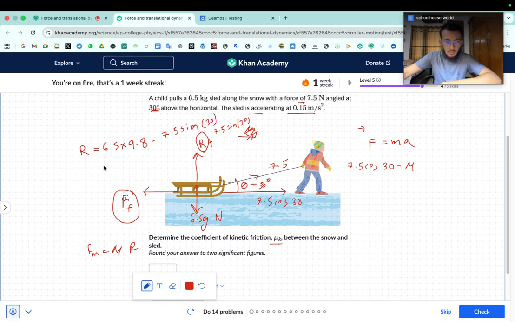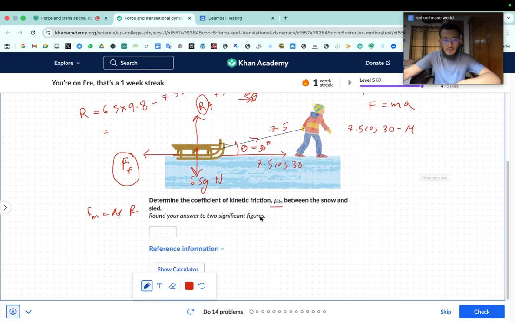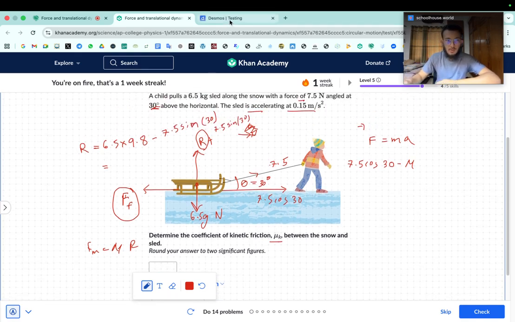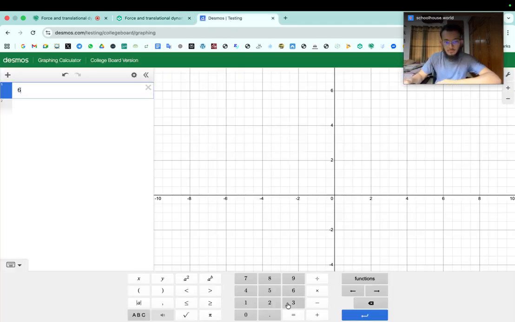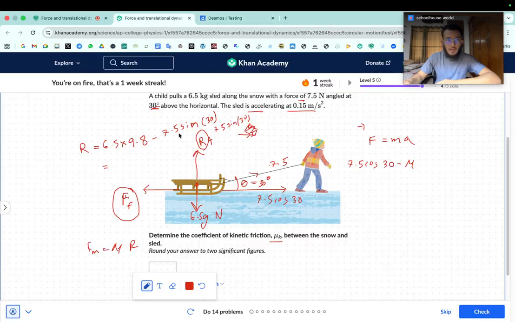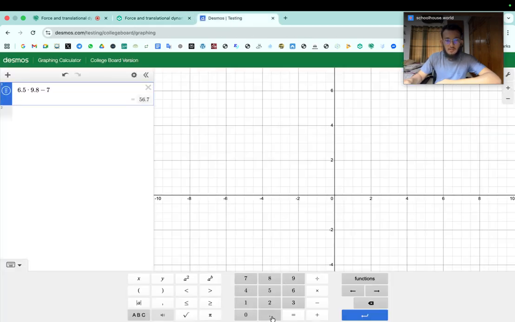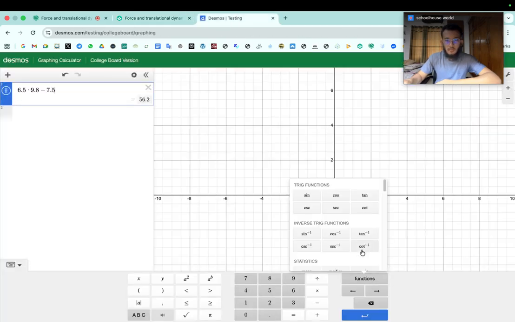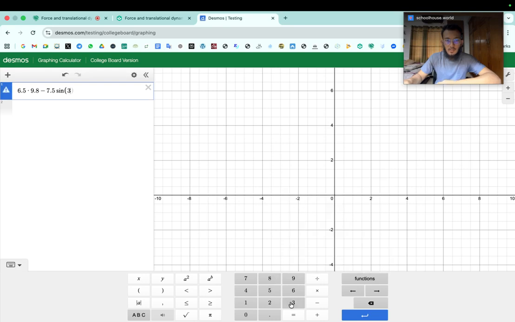If we do the calculation, we get the R. So mu times R, and we have to calculate this first. So 6.5 times 9.8 minus 7.5 sin 30.